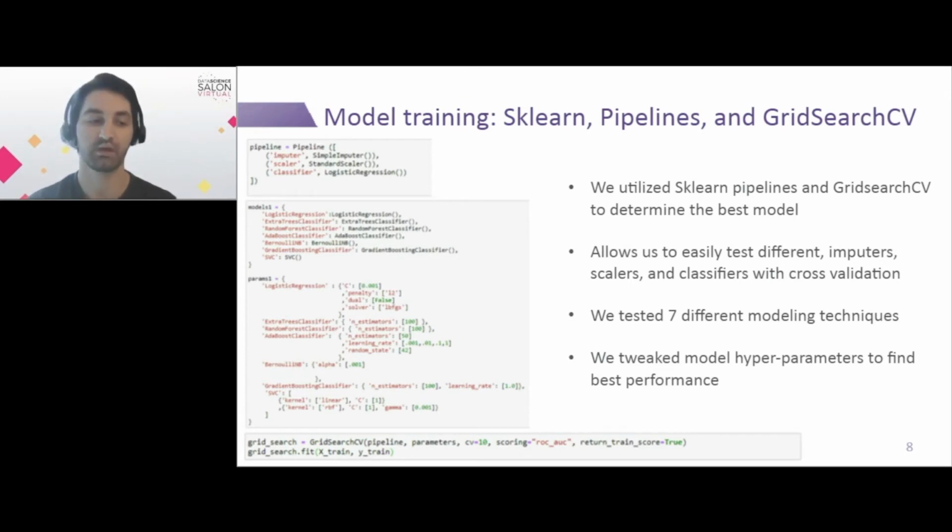That's a very low percent, I think less than 5% of patients. So it's very important that we use the ROC AUC as our scoring metric, because we really want to limit false negatives and false positives, which is what the ROC AUC is able to do. And at that point, we trained the model and tweaked some hyperparameters to find the best performing one. But this is some of the code we used to do that.